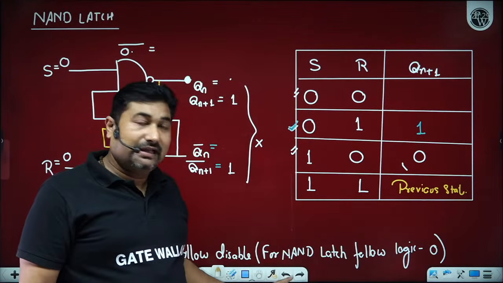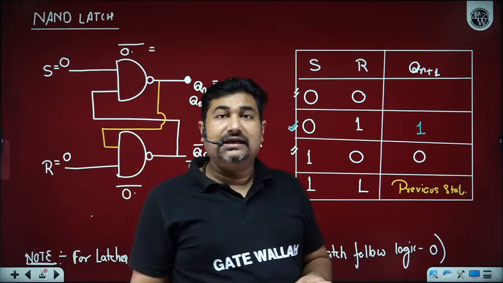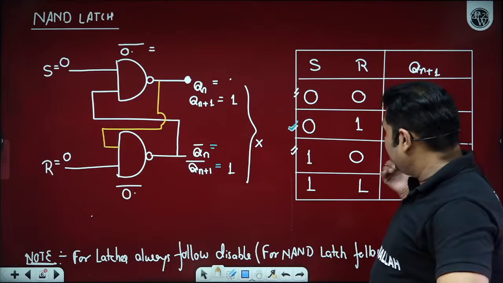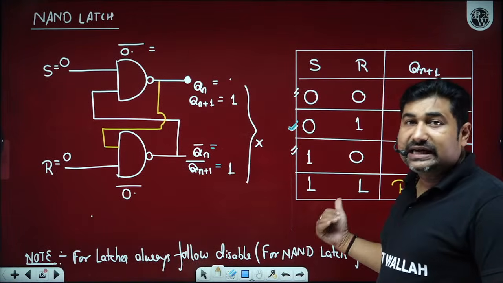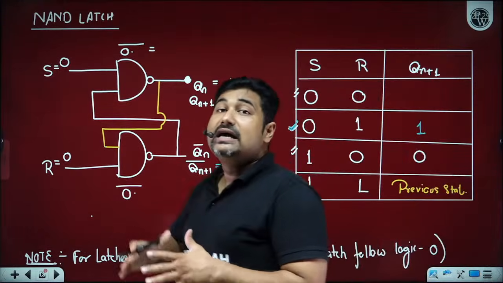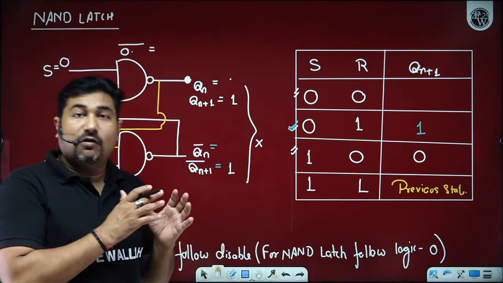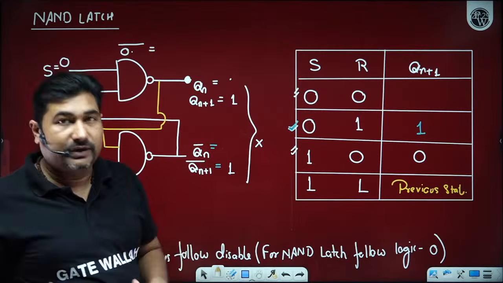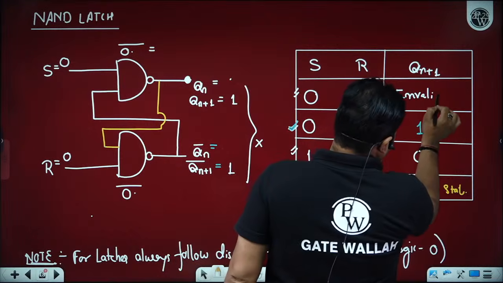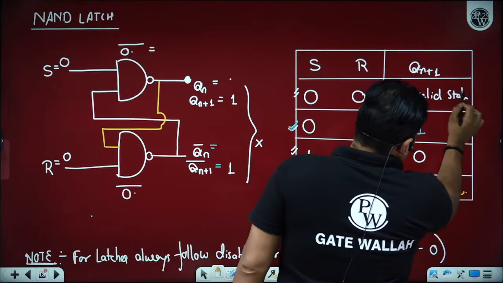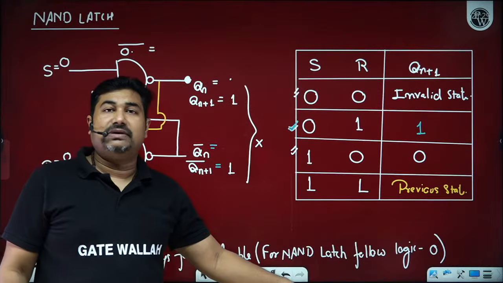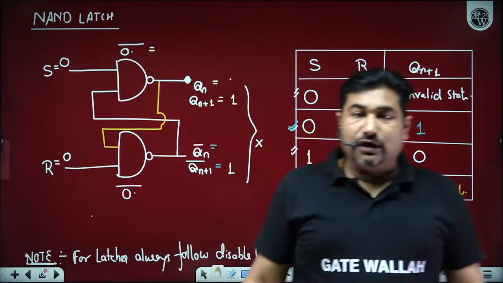Is it okay? Yes, sir. So we can't define this state as both the outputs are becoming the same. However, in the rest of the three cases, they are complements of each other. So we say this state is an invalid state, and we avoid this state in flip-flop operations. Because if we define the pins as per this state, the rest of the three states will become invalid. How many of you able to understand?